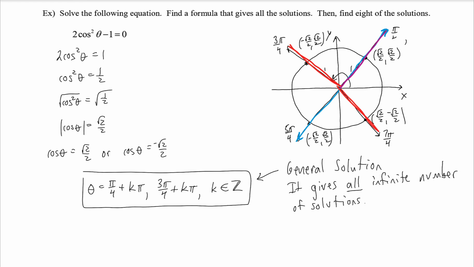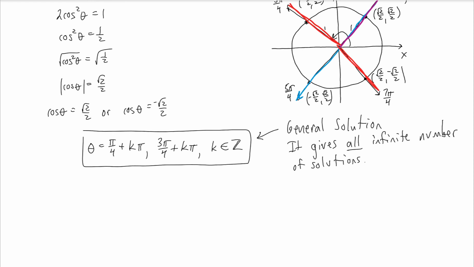So how do I use it to get the answers back out though? So then the directions say, then go find 8 of these. I don't know if we're going to do 8. 8's a lot. But then it says go find 8 solutions. So if you want specific solutions, then plug in integers for k.